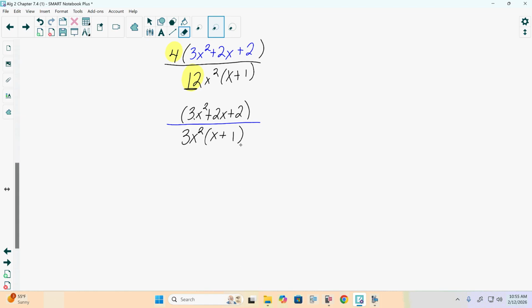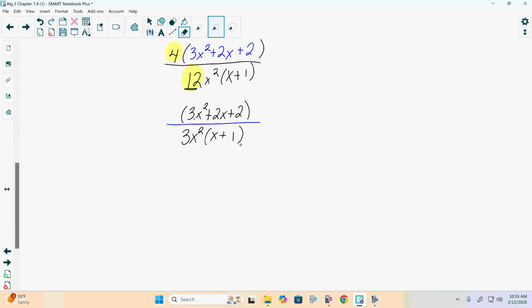Will the 3x squared on top cancel with the 3x squared on bottom? Operations, let's look at operations to make sure. On bottom, the 3x squared is being multiplied with the x plus 1. So that means it can simplify. At least the bottom is eligible to be simplified out. On top, is the 3x squared being multiplied with something else? We have what next to it?